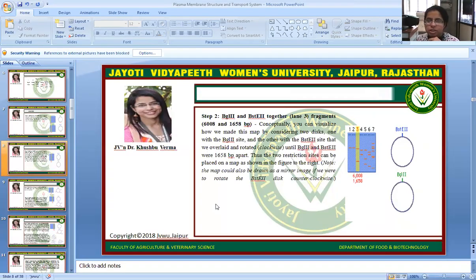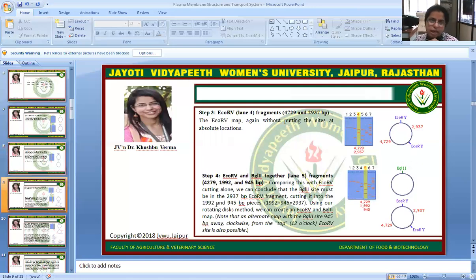Thus, the two restriction sites can be placed on a map as shown in the figure to the right. The map could also be drawn as a mirror image if we were to rotate the BstEII disk counterclockwise.